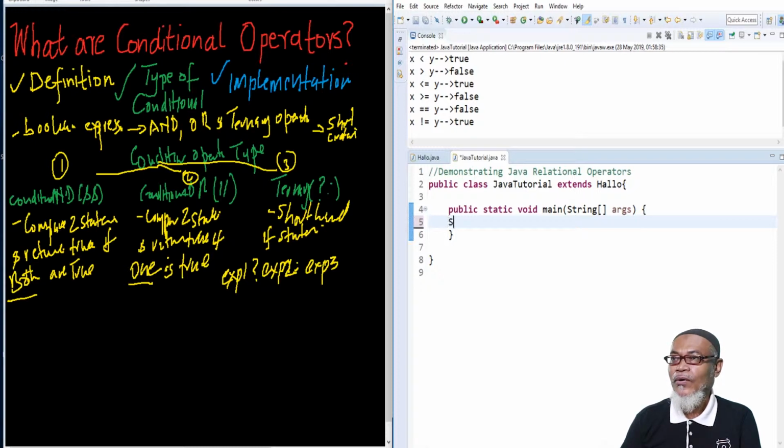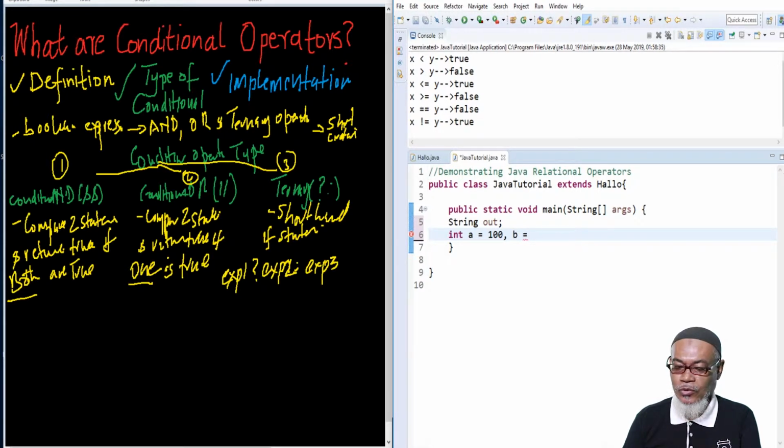In this code we are going to define a String called out, and then some integers: int a equals 100, and b equals 200. Now I want to assign out, using the ternary operator.